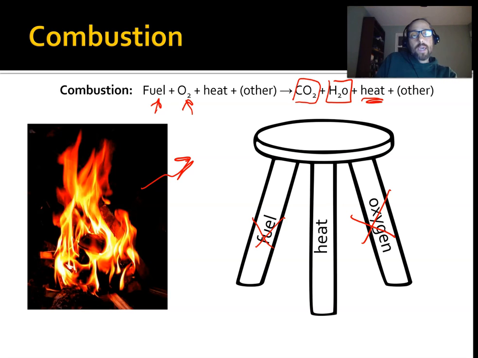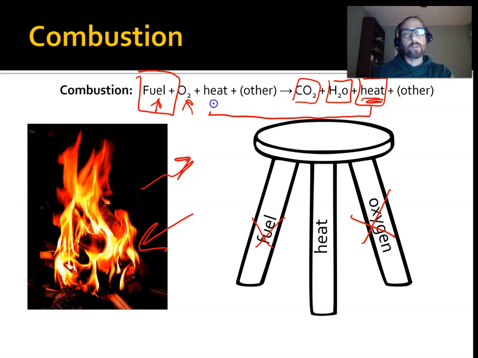And one of the nice things about this reaction is that it's exothermic. It's taking the chemical energy from inside the fuel source, whether it's wood like here or natural gas you're burning in a furnace, and converting it into heat energy, and then this heat energy is used to continue to feed that combustion reaction.